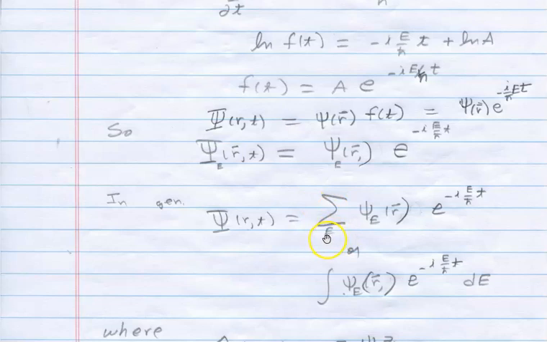For us, E is energy, and so these will be the energy eigenvalues. If the energy is discrete, then it's a summation. If energy is continuous, then one has to do this infinite sum in this integral form.